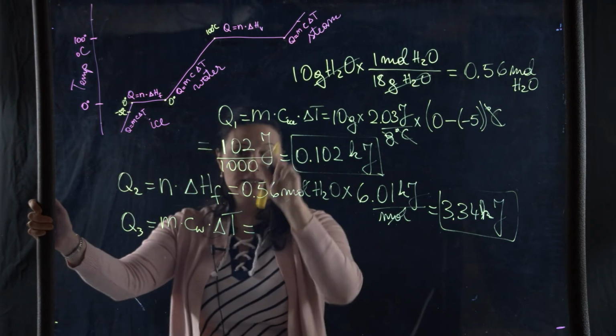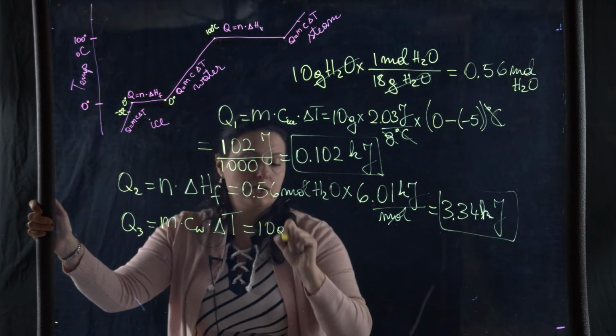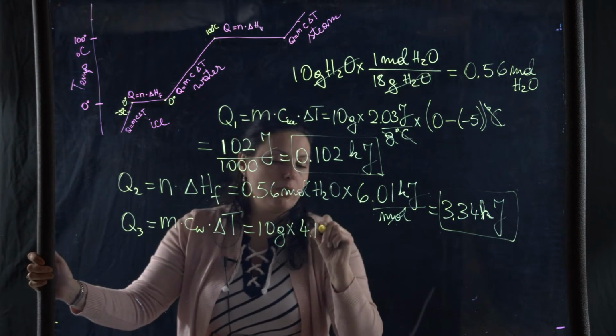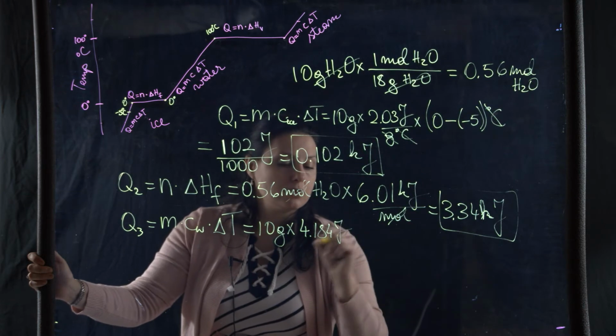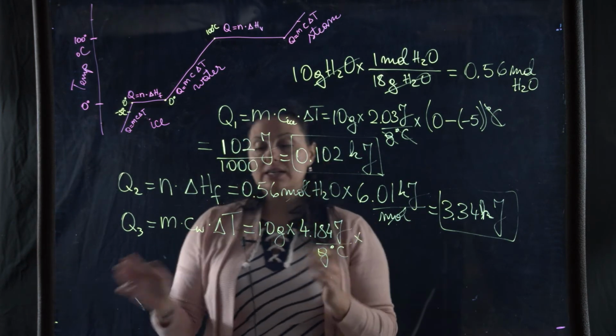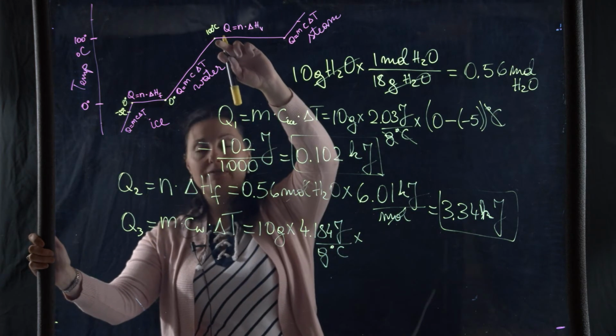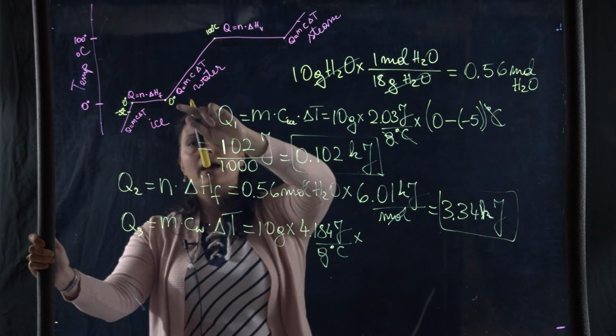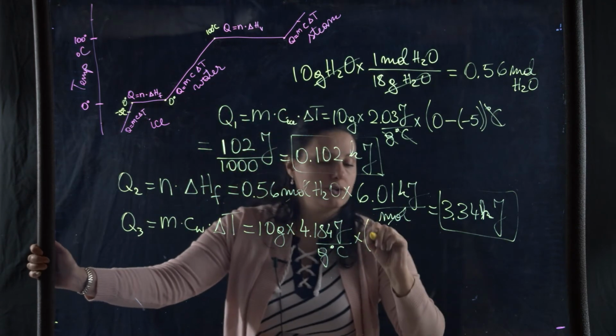The mass is 10 grams. 10 grams times C for liquid water, 4.184 joules per gram degrees Celsius, times delta T. My final temperature is 100 because that's where I end. My initial temperature is 0.